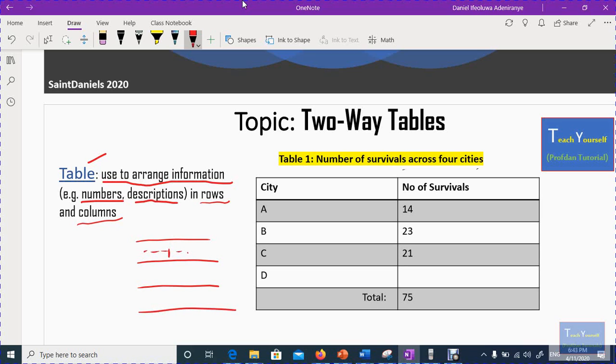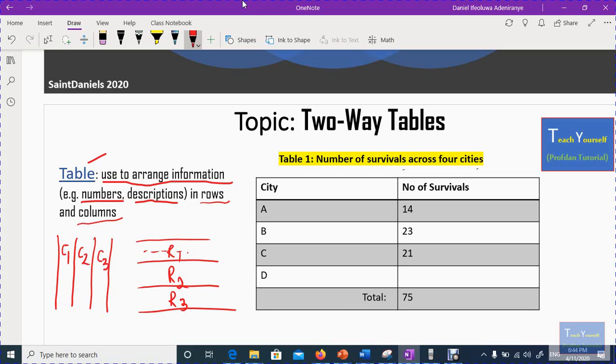This is row 1, row 2, and row 3. And when you have an arrangement taking a vertical form, it is referred to as a column. For example, this is column 1, column 2, and column 3.